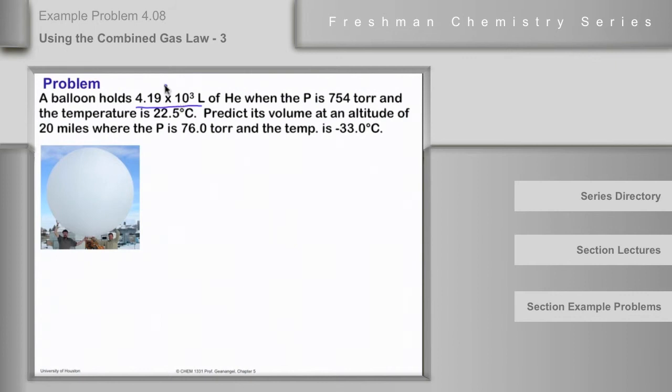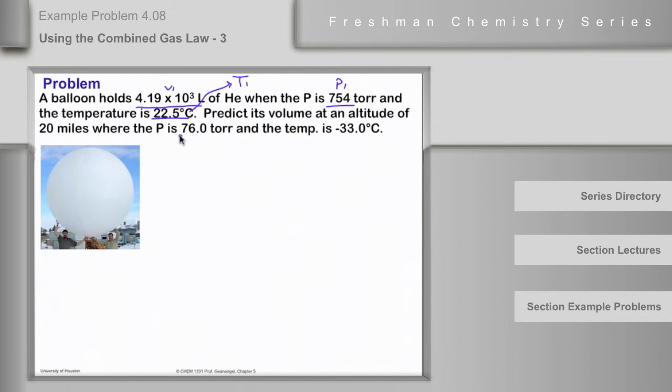So this looks like sort of V1, okay? And this looks like P1. And this 22.5 will eventually get us to T1, but it has to be converted. Then, is 20 miles important? Is that getting into the calculation? No, it's not. It's just where the conditions 2 are.